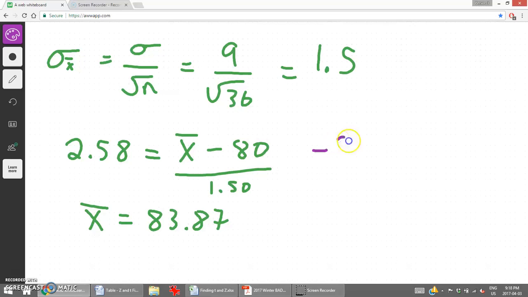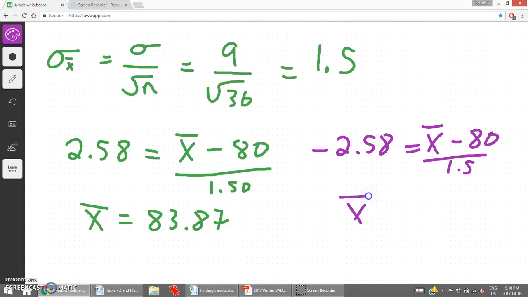We do the same thing for the lower value, but we apply a negative z value because that's on the left side of the distribution. The formula is going to look the same. The only difference is the z value is negative. So the sample mean on the lower end of the distribution will be 76.13.